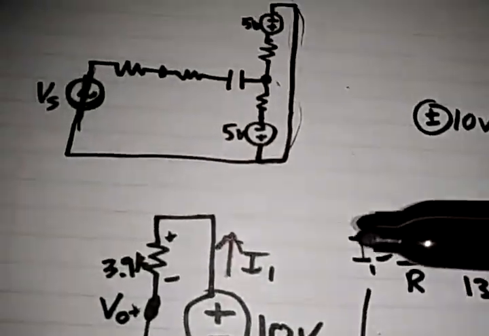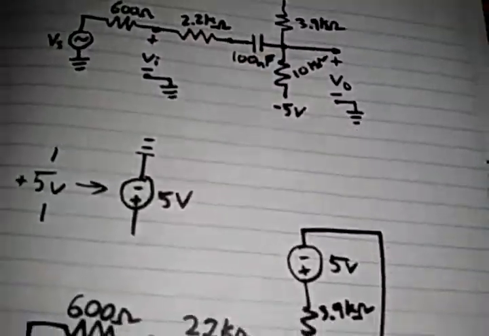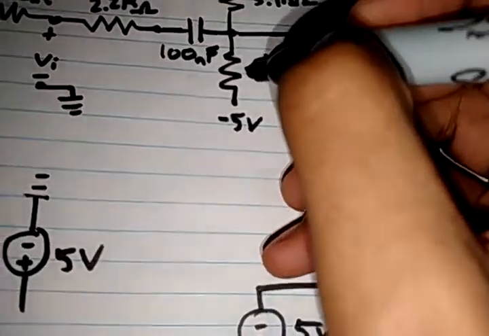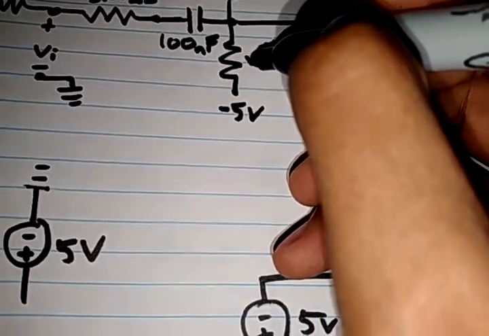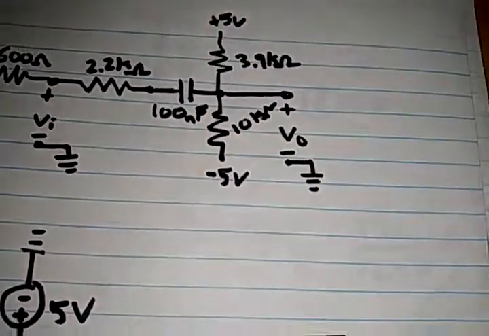Given that, let me go back to the circuit. You can then know that if the voltage drop across these two is, let's say, 3 volts, and this is minus 5 volts, then this node here must be at minus 2 volts.